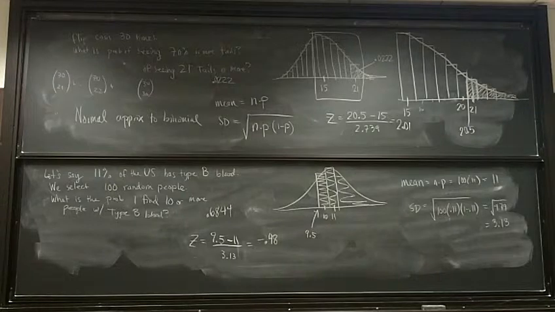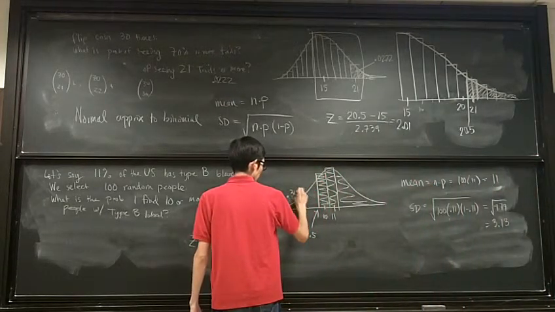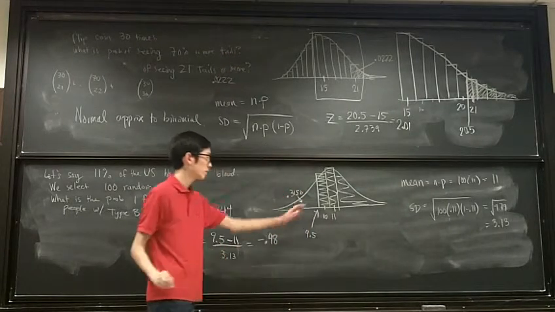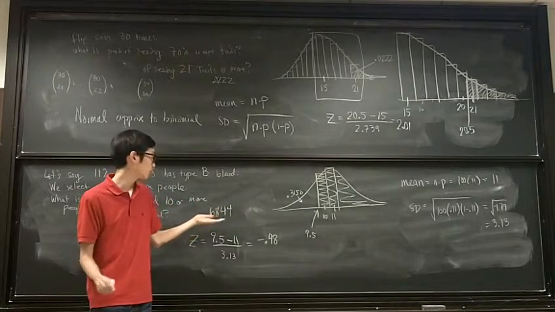Okay, so now I want to know how much is to the right of z equals negative 0.48. I could look up z equals negative 0.48, and the value that I get is 0.3156, which is the area to the left of negative 0.48. And then I do 1 minus that, and I get 0.6844.